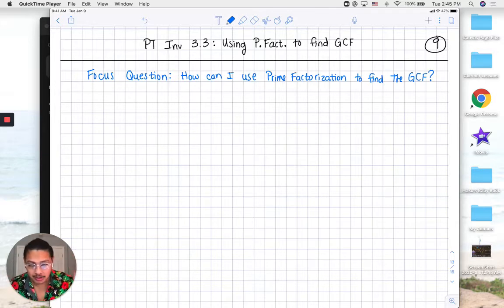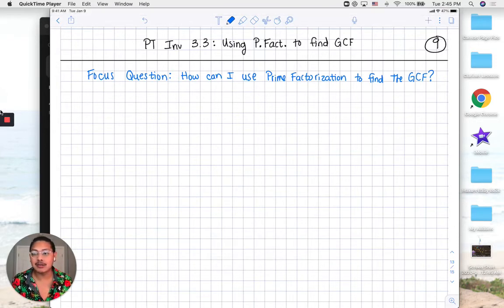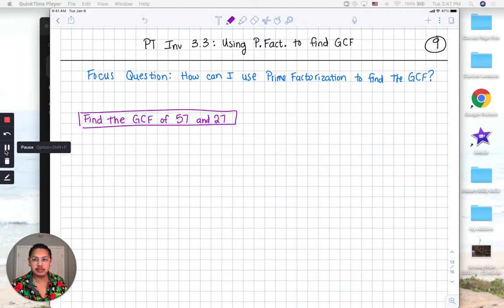All right, now, good news is that this process is very, very similar to using prime factorization to find the least common multiple. Even better news, it's shorter. So let's go ahead and write down a few examples.